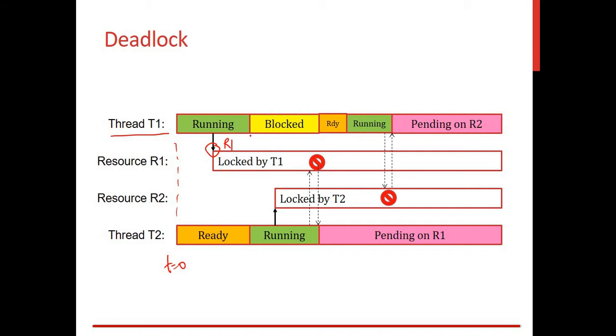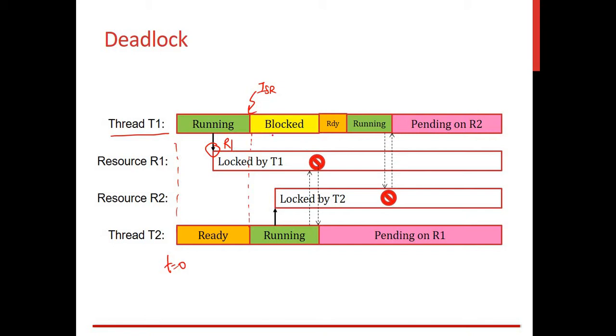At this particular instance of time, before it could finish whatever it was doing and release the resource, it was blocked. Something happened here. It could have been triggered by an ISR that blocked T1 from proceeding.